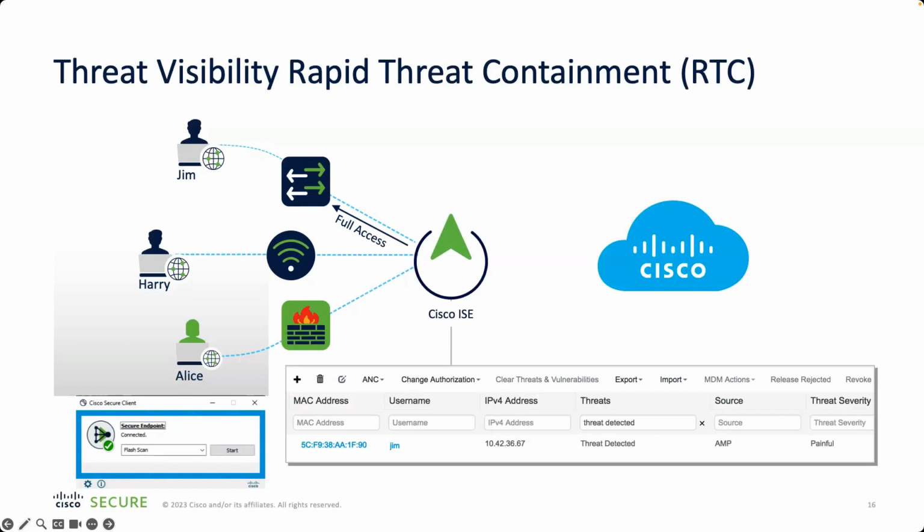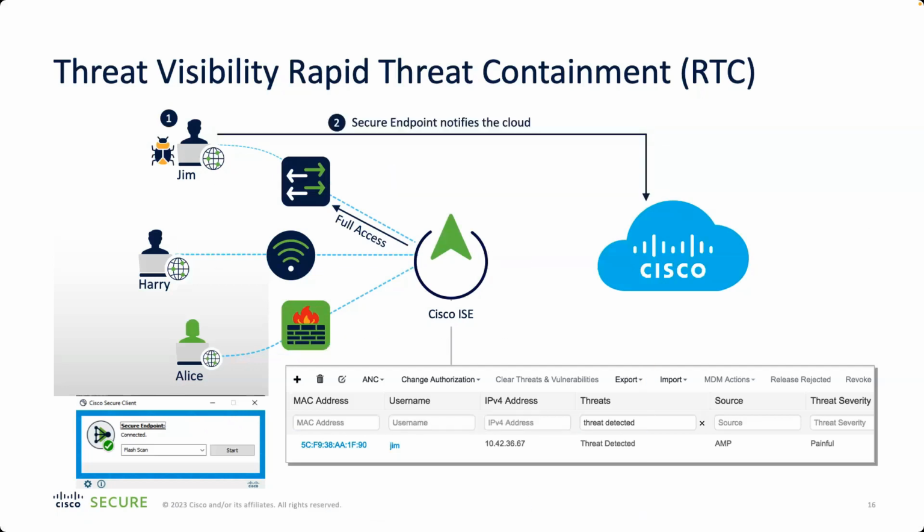When a trusted employee, Jim, connects to the network, he is given full access, right? At some point, when doing his work, Jim clicks on a bad link or downloads a suspicious file, causing an infection on his computer. Secure Endpoint reports this infection to the cloud.